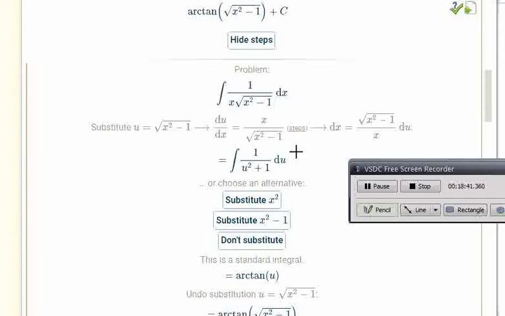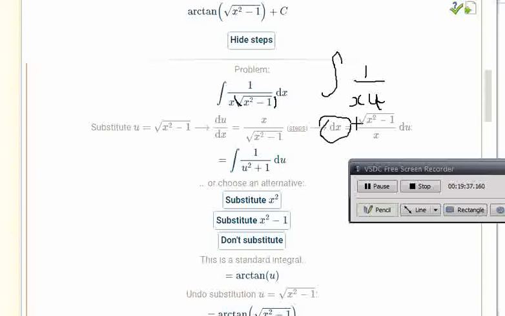Now for this step, you're going to have the integral of 1 over, this function here is going to be u, and that's going to be x, okay, so x, which is here, multiplied by dx.